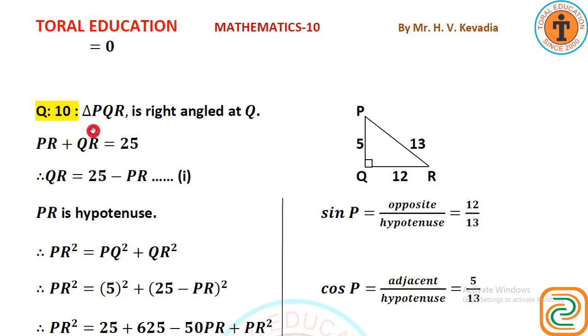Question number 10. In triangle PQR, right angled at Q, PR plus QR equals 25 and PQ equals 5.